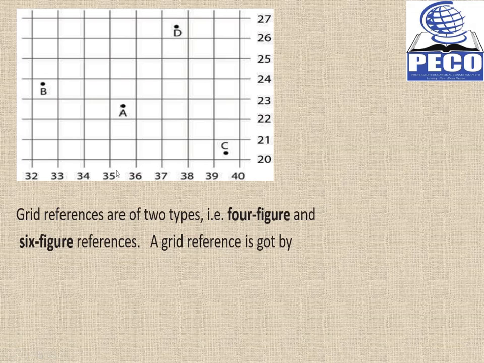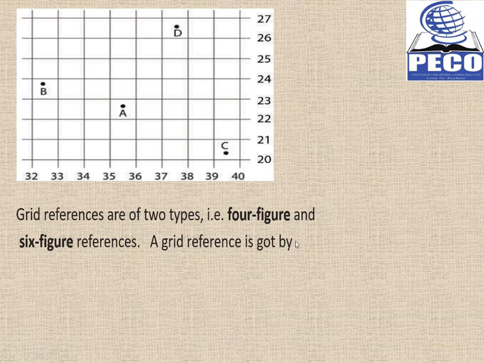So when you combine, for example, 32 and 23, you get 4 figures: 3, 2 and then 2, 3. So the 4-figure grid reference will be 3223. Those will be 4 figures.